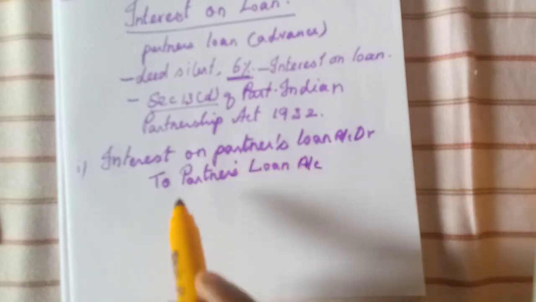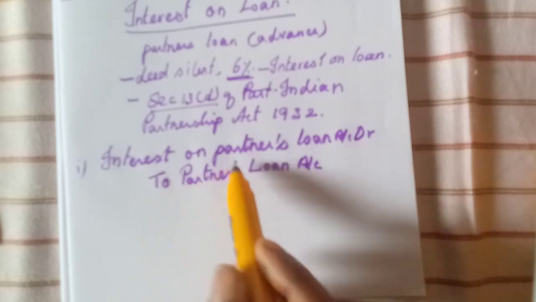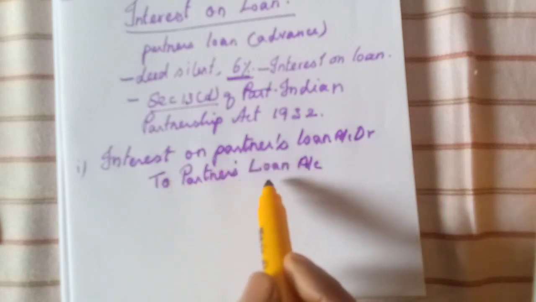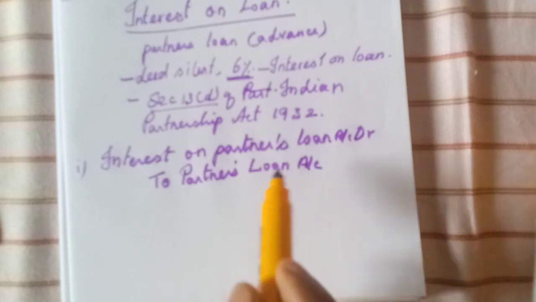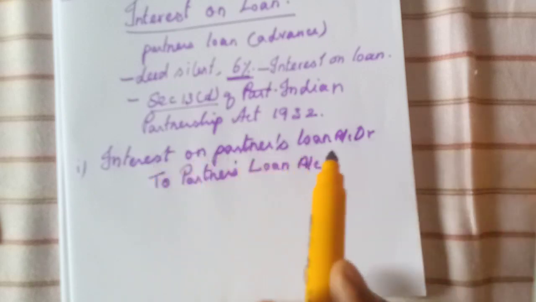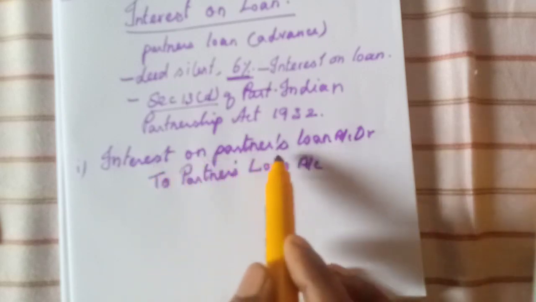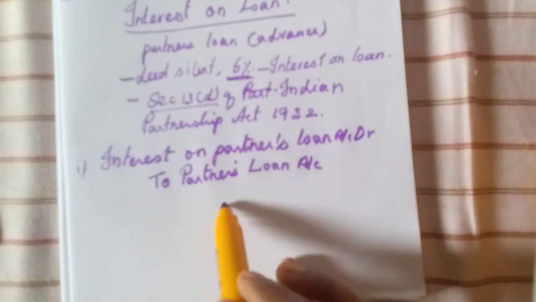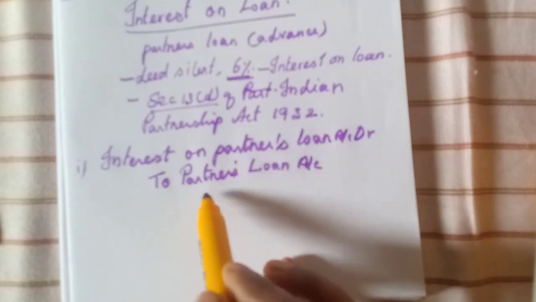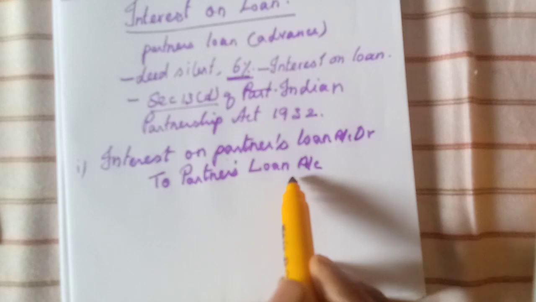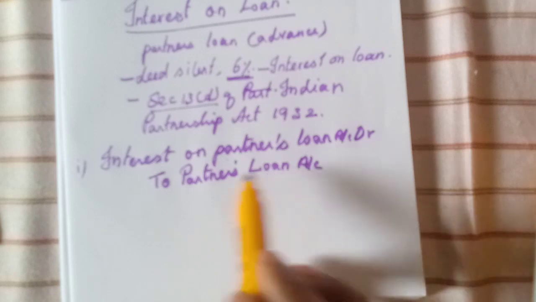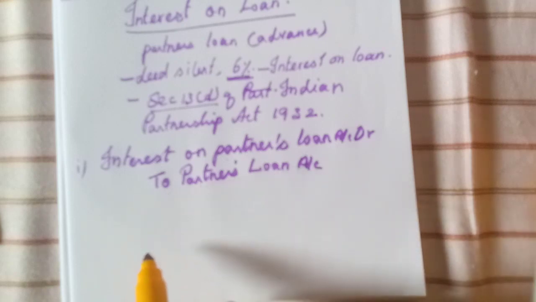Till now we have learnt that interest is transferred to either the partners' capital or current account, but only this interest on partners' loan will be credited along with the loan account, not to the partners' capital or current account.